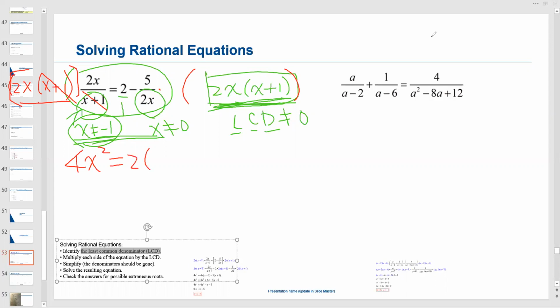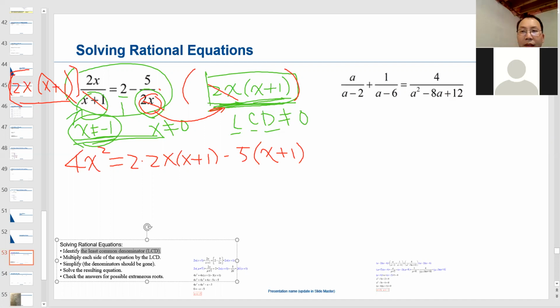The right part here is this time 2x, x plus 1, minus 5. So when you multiply inside this part, the common denominator is crossed out, right? So here it became 5 times x plus 1. So right now we transfer into a polynomial, right? Is it correct?